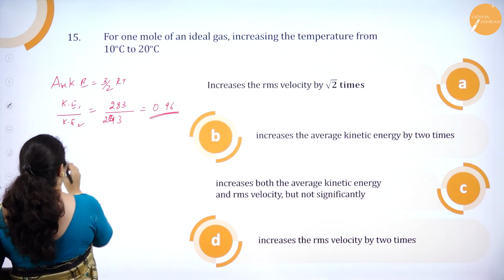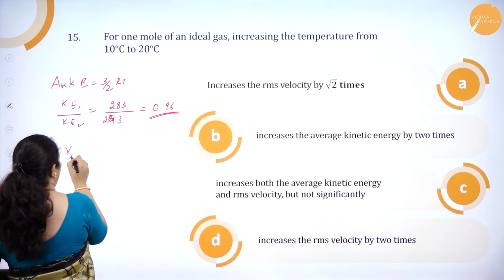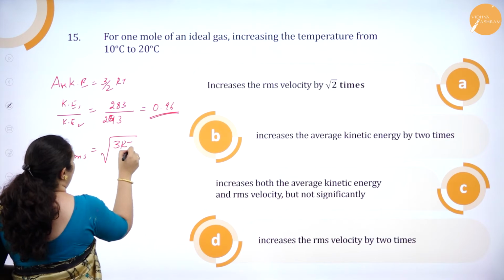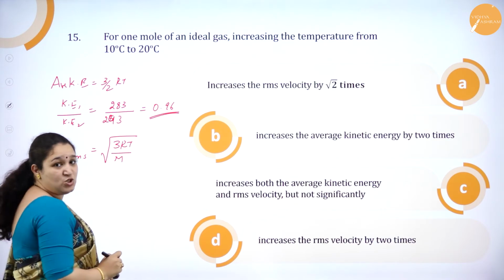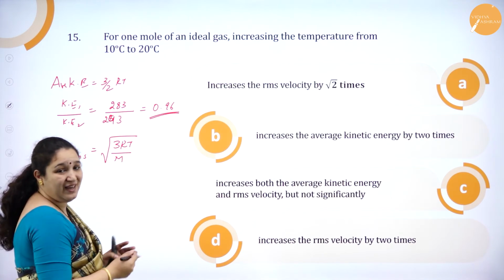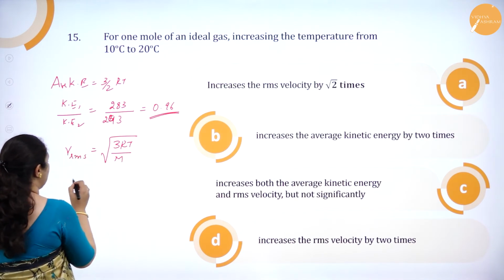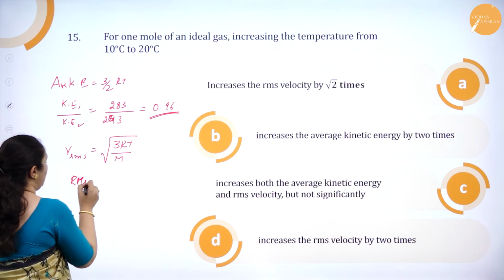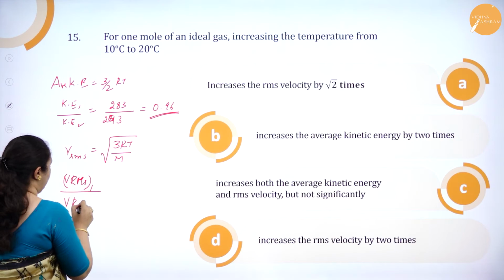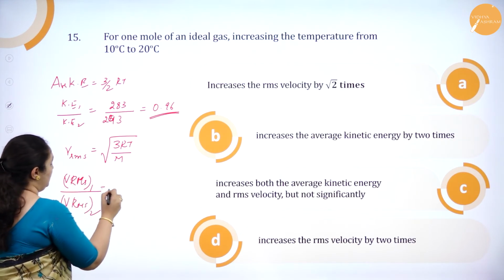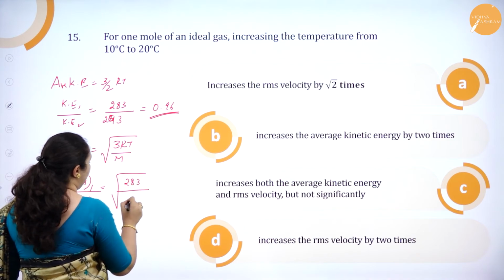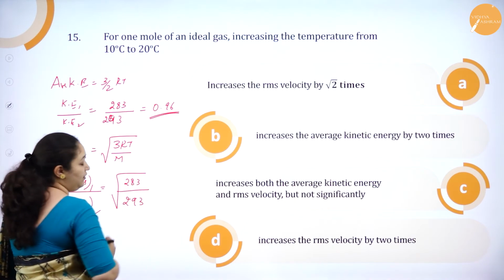Now, if I take the RMS velocity, VRMS is the square root of 3RT by M. So from this I can make out it is the square root of T1 by T2, if I take the ratio of RMS velocity 1 divided by RMS velocity 2, that is square root of 283 divided by 293.